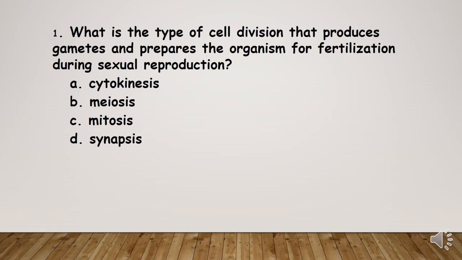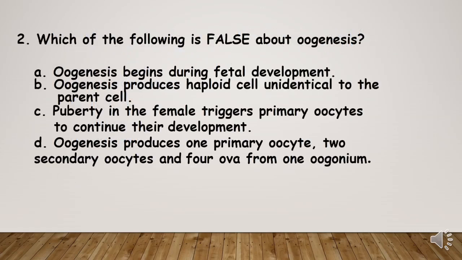Okay, let us see if you get the correct answer. The correct answer is letter B. Okay, let us proceed. Number 2. Which of the following is false about oogenesis? Letter A, oogenesis begins during fetal development.